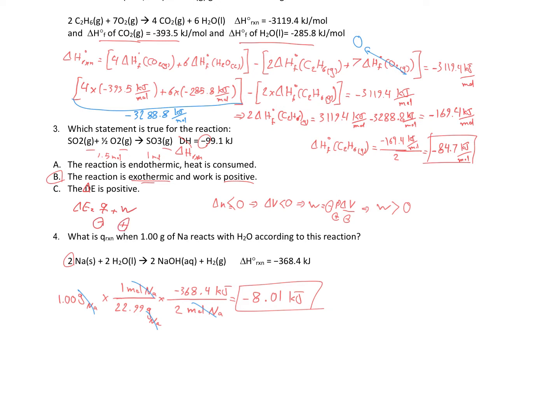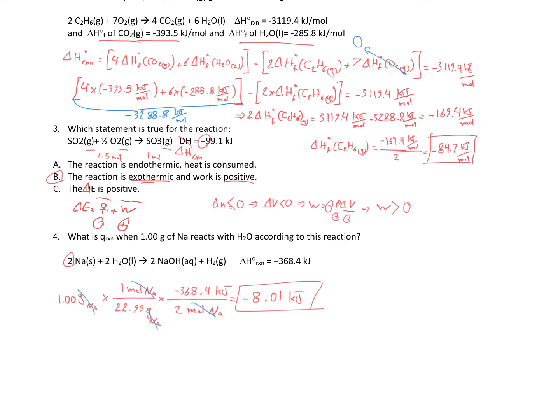Even if we don't know anything, maybe we cannot answer if it's positive or negative. But if you remember, the contribution of the work term is not that much. It's mainly the Q. So if the Q is negative and work is positive, probably delta E is a negative term, but we cannot say it for sure. But definitely option B is the right answer because it is an exothermic reaction and the work is positive.